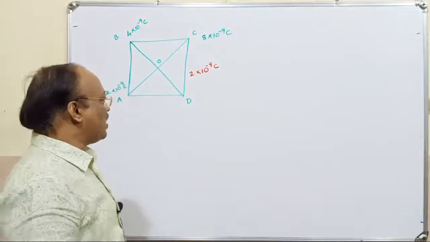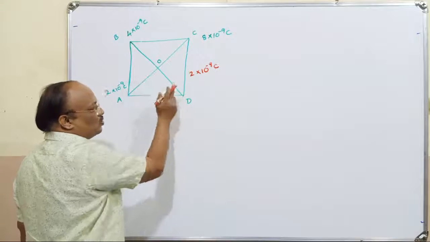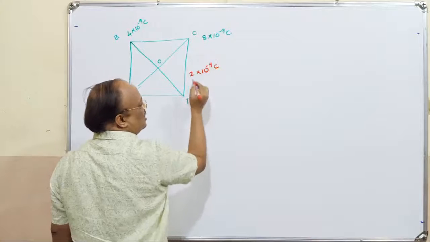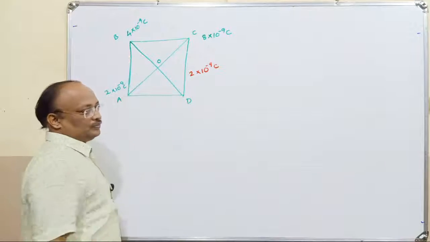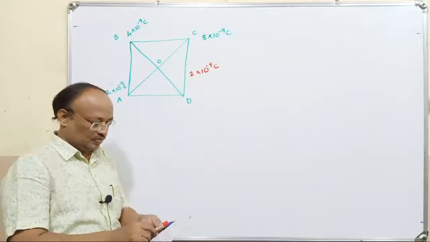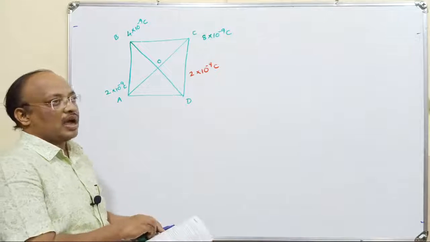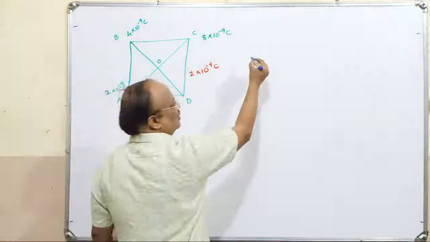So we have to find out the work that you have to do to carry the charge 2 into 10 to the power of minus 9 coulomb from D to O. So what we have to do? We have already found the expression for the work.